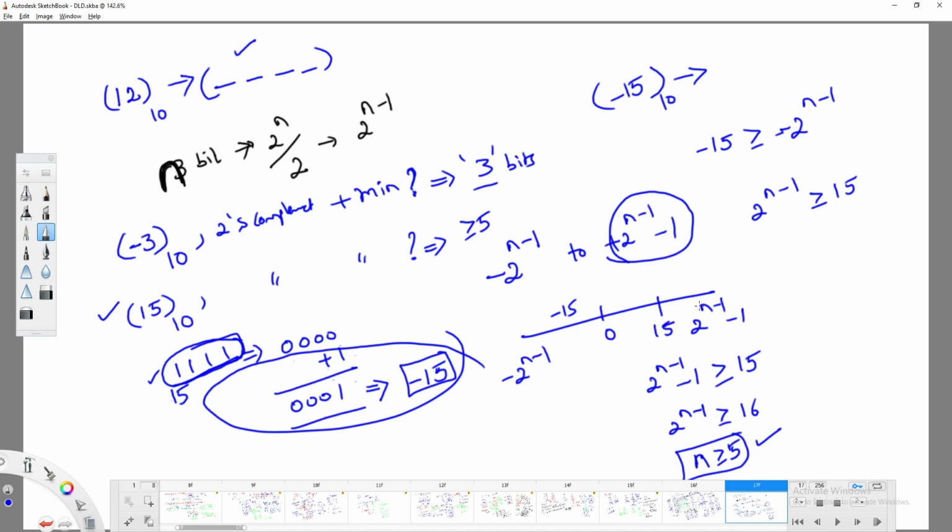2 power 4 is 16, right? So don't go with approximate values. Try to find the exact values, so that you get a clear idea. So how are we going to solve this one?